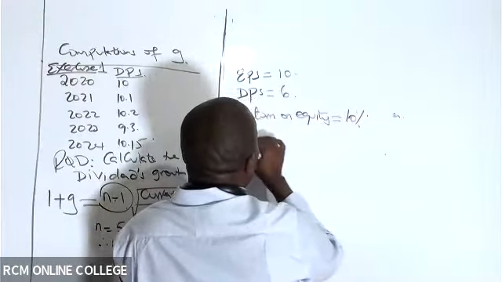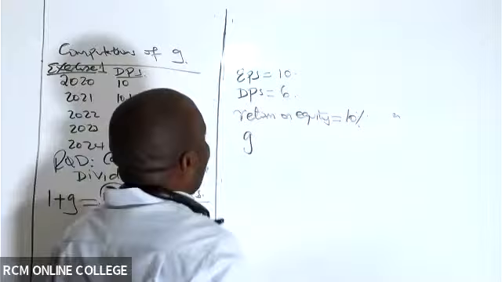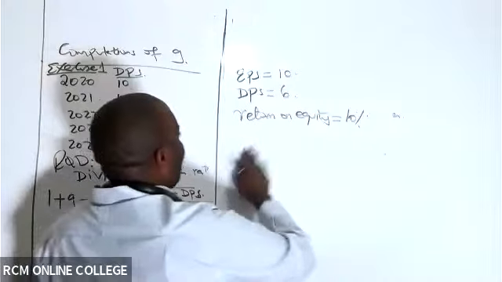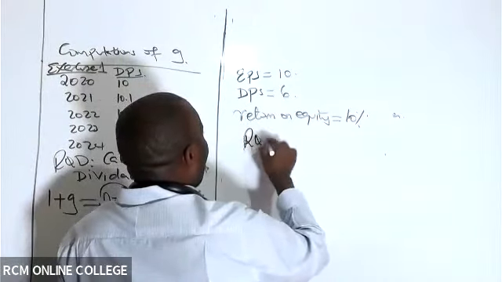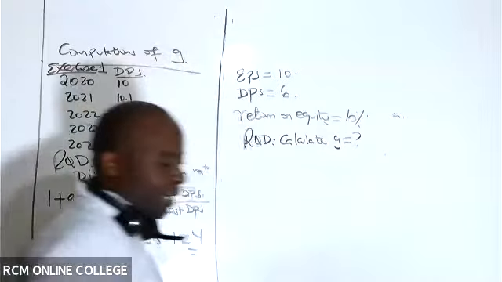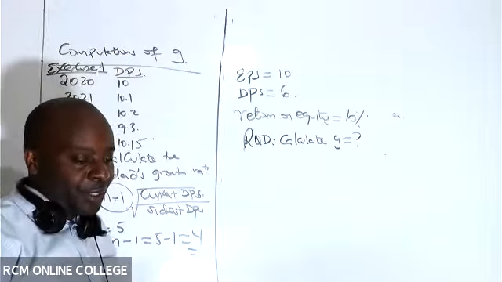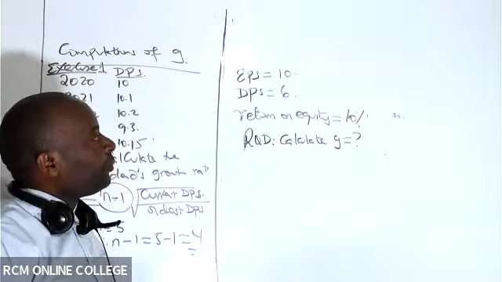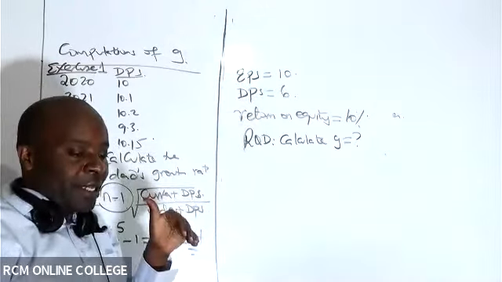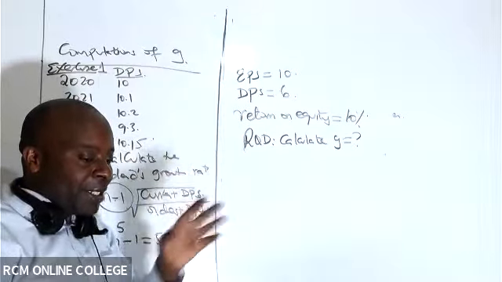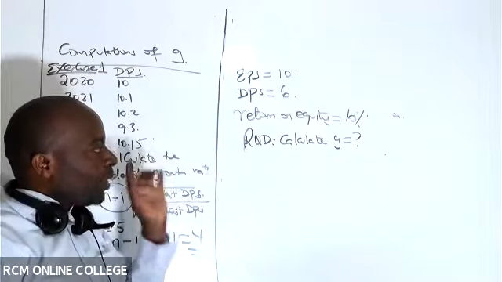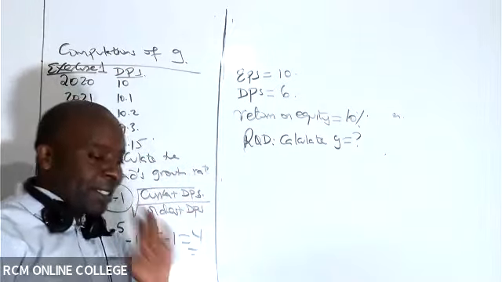We are required to calculate G, which is the growth rate. I'm not given many dividends that I can use that formula of 1 plus G. They have given me very scanty information and they want me to calculate G. So I must dance a little bit.